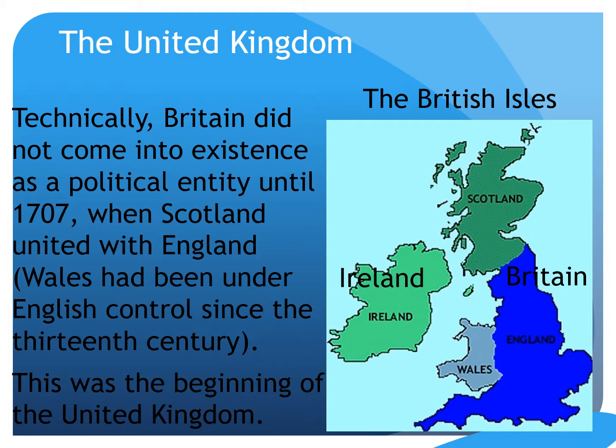So that's really the beginning of the United Kingdom. England and Scotland unite. Wales was already together from before. So England and Scotland unite, Britain is united, and people talk about the United Kingdom of Great Britain, or the United Kingdom of Britain. And that's in the beginning of the 18th century.